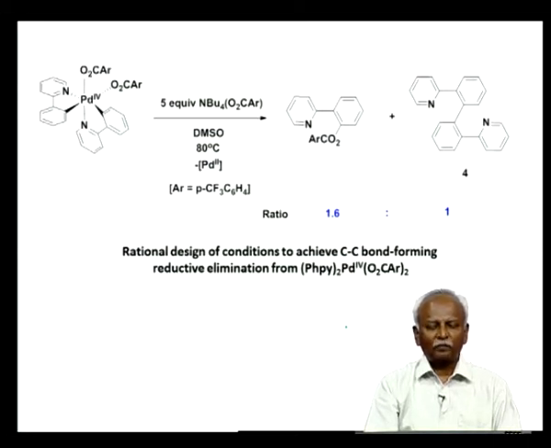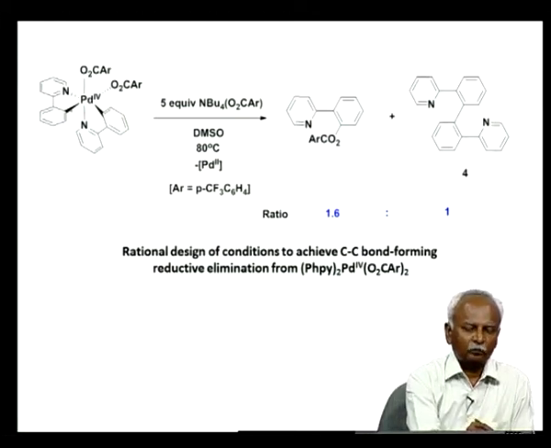And now, if you have reductive elimination, it turns out that carbon-carbon coupling can happen. These two carbon bonds are cis related. So, in principle, it is possible to have reductive elimination by forming a bond between these two carbons.